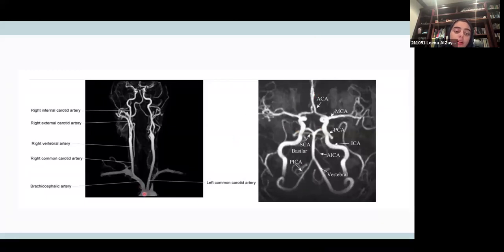If we go from here, we have the aorta, and the left carotid artery gives off the vertebral artery. The vertebral arteries combine and create the basilar artery.